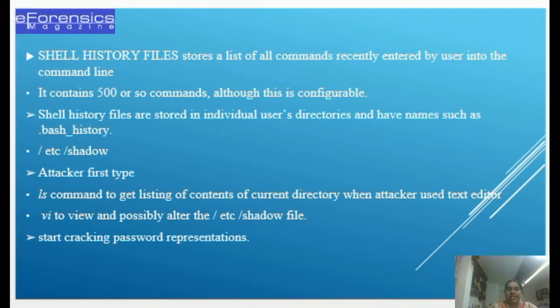The attacker first types the ls command to get a listing of the contents of the current directory, and when the attacker uses the text editor vi, it is to view and possibly alter the /etc/shadow file. The attacker may have changed a password or simply looked through the file for other account names and password hashes. After getting a copy of the shadow file, the attacker might start cracking password representations.